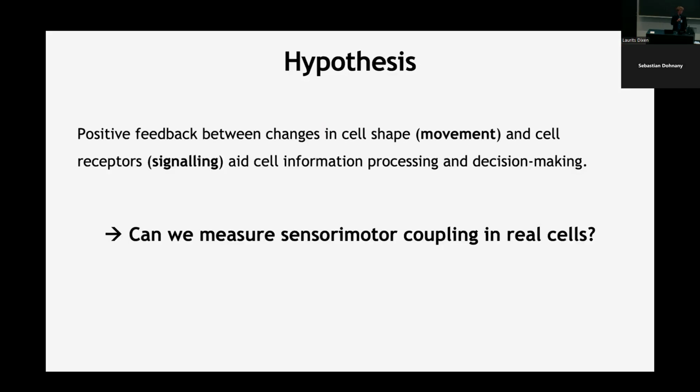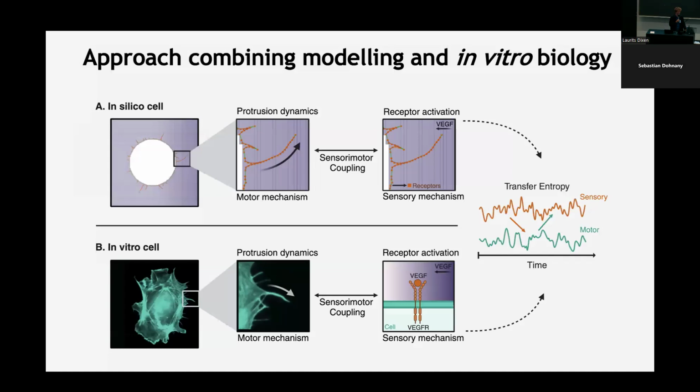And we propose that it might be this dynamic coupling between the sensory interface of the cell and the movement of the cell, being these protrusions. The problem is how to measure sensory motor coupling in cells rather than humans or robots.